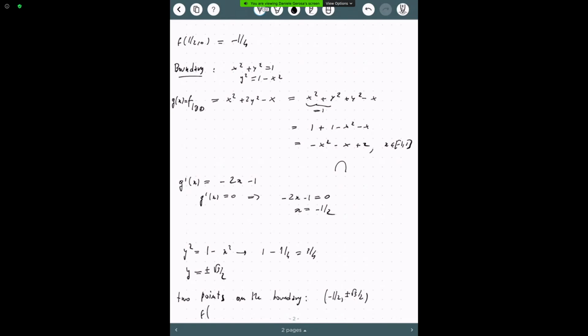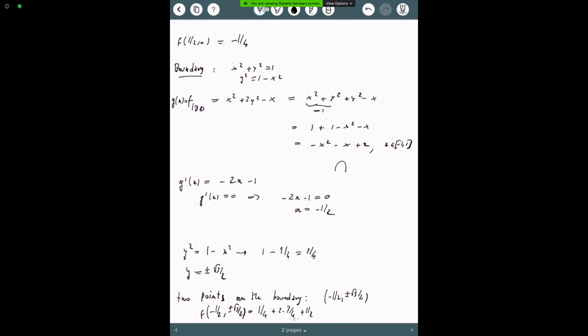So if we compute f at these points, we do get, what was the function? Okay, so it was, right, so we have 1 divided by 4 plus 2 times 3 divided by 4 minus minus plus 1/2.